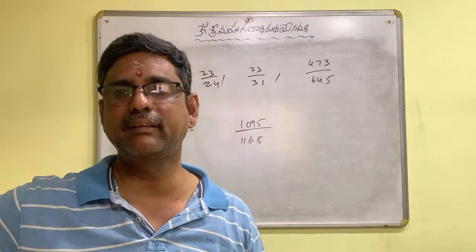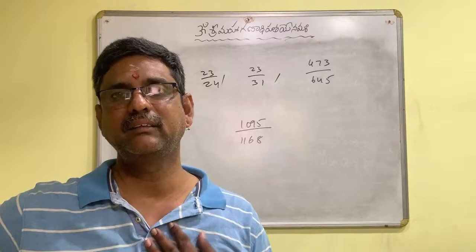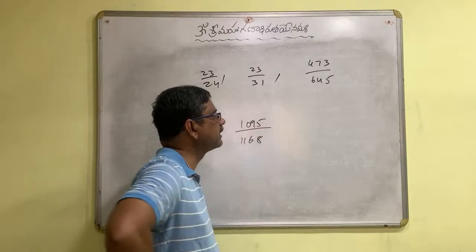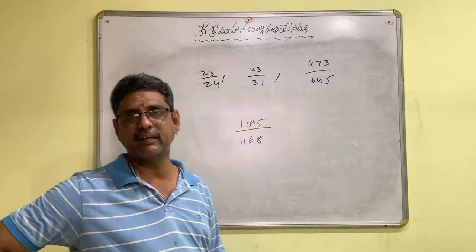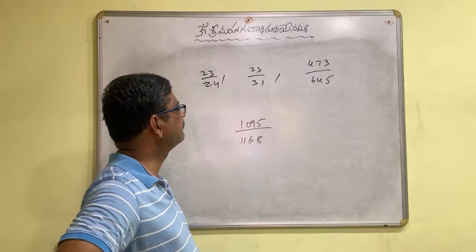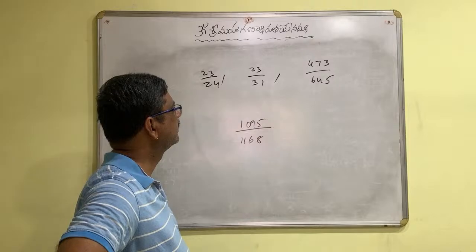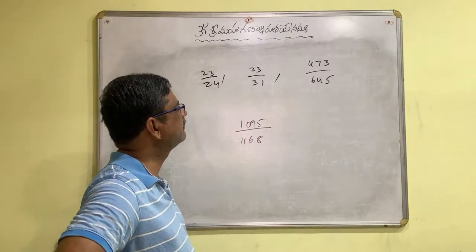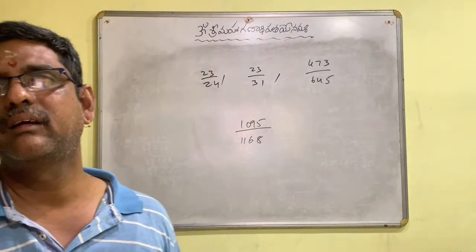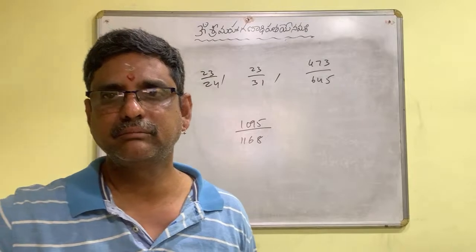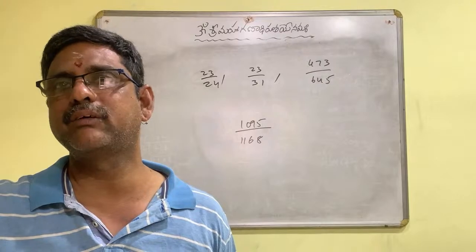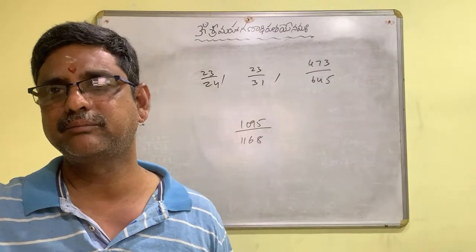Yeah, first you have tried with the 11 table, right? 11 4s are 44, 3 left over, 11 3s are 33. Next, 11 5s are 55. 645 doesn't go in the 11 table. 473 is divisible by 11, but not 645.